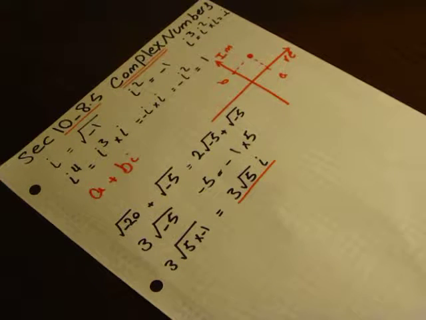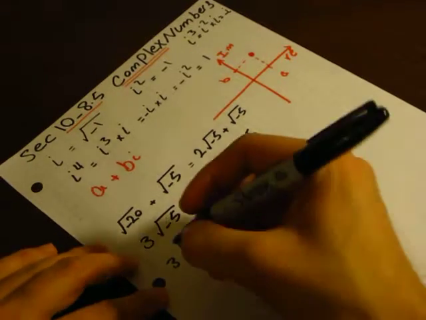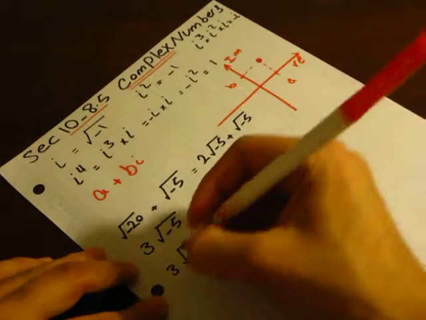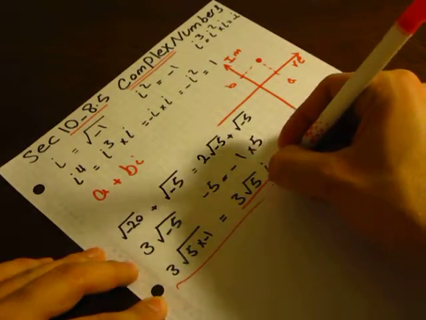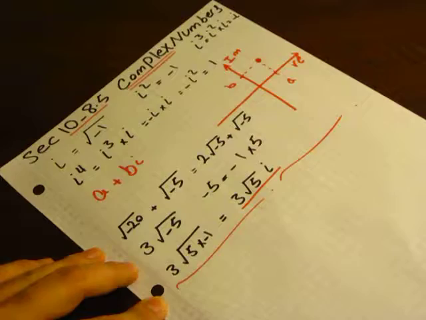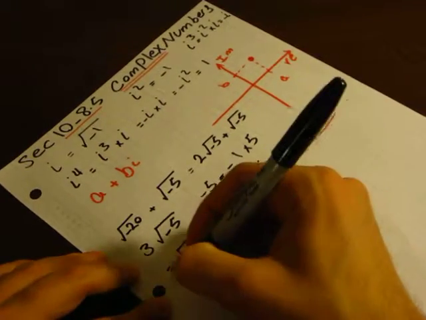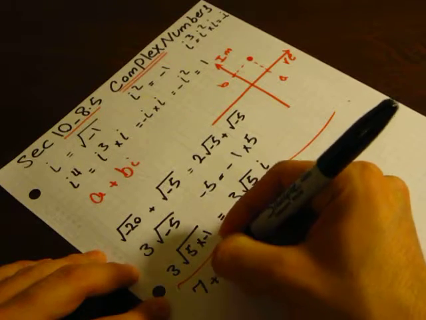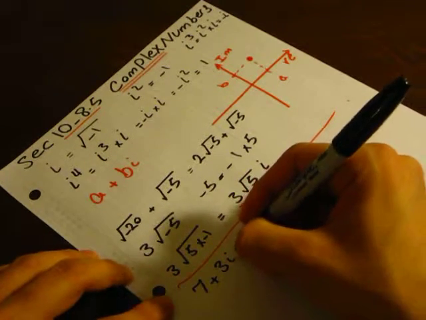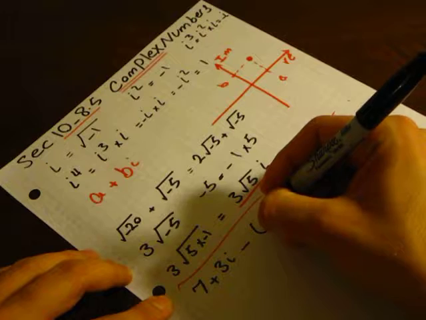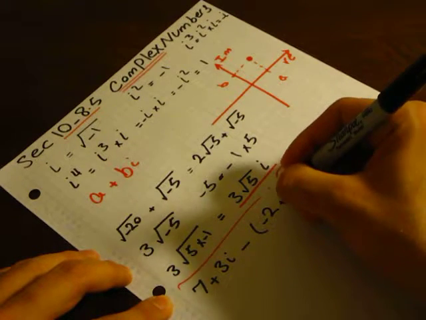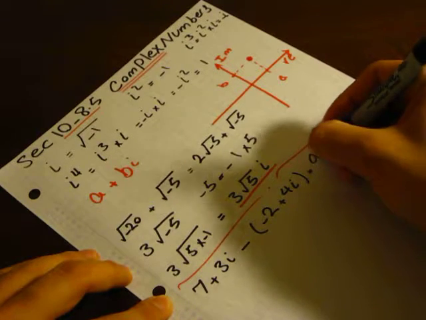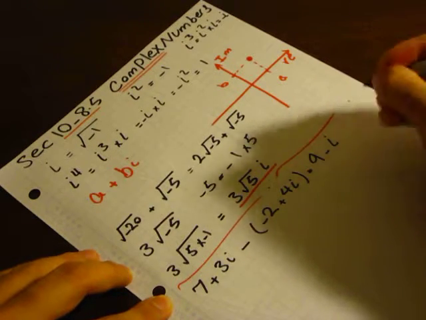So the second example would be just addition of real numbers and imaginary numbers. I'm going to have 7 plus 3i minus parentheses -2 plus 4i, which is equal to 9 minus i.